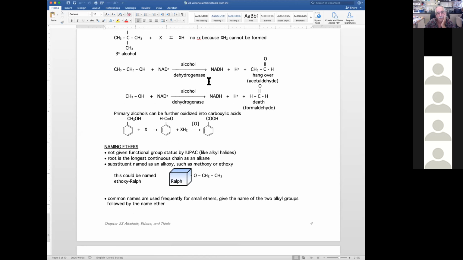So right now, you just have to realize that NAD takes 2 electrons and 1 proton, and it leaves the other proton out into the solution. Okay.